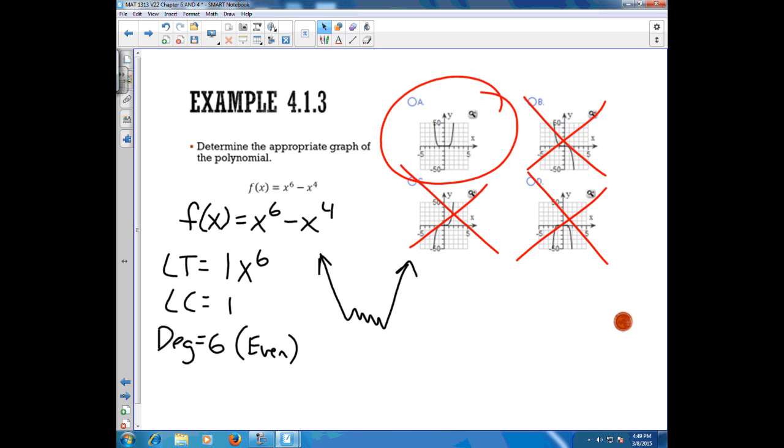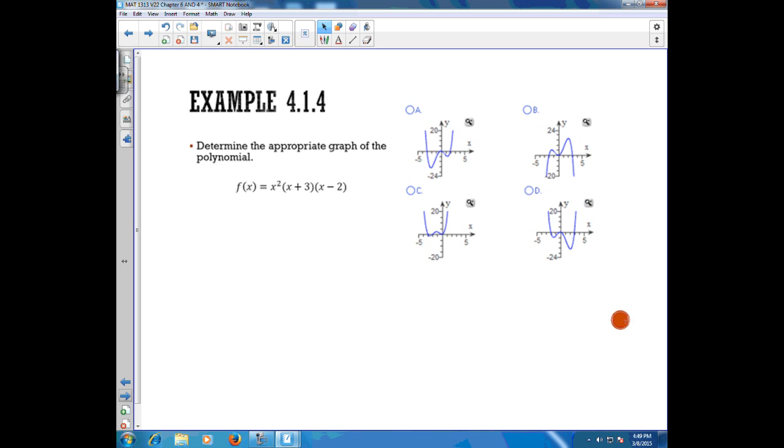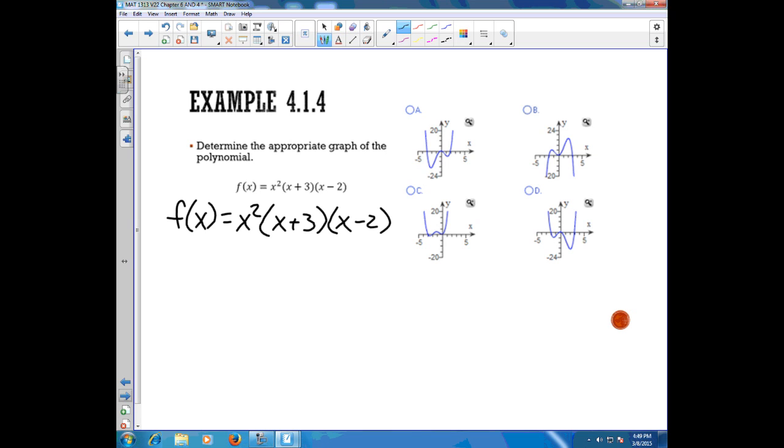So let's try this again. We just want to determine the appropriate graph. We've got f of x is equal to x squared times x plus 3 times x minus 2. Now, with a factored form like this, it's not as clear what the leading term is.